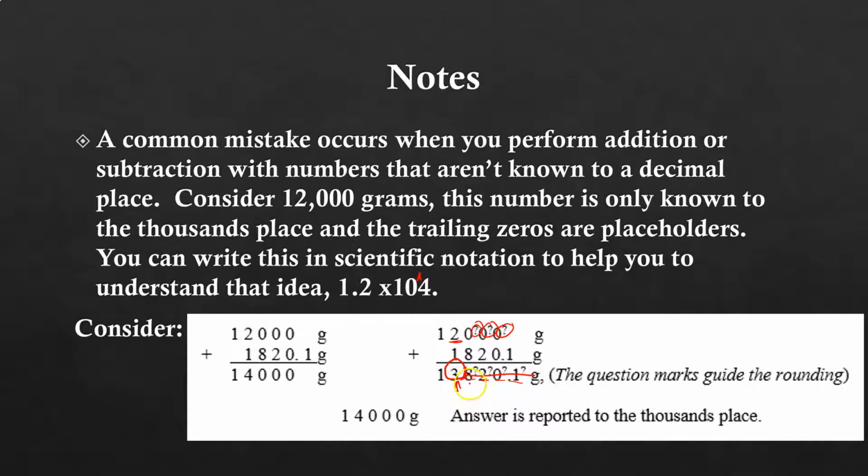So then I would round to 14,000. So the question marks that I'm filling in tell me I can't have that number there. I have to make it a 0. And so the one that is right next to the first question mark is the one I will round. And in this case, I will round it up because it's 8.